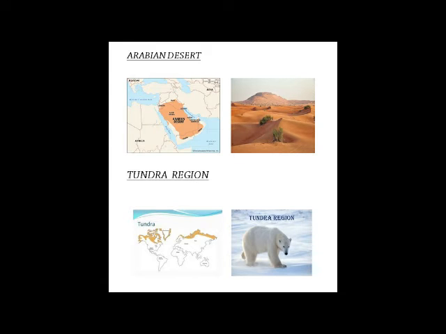Most of the underpopulated areas of the world are places with extreme cold or hot climate. Now here in the picture you can see the Arabian desert, then the tundra region. Now these places have extreme climates and hence the population is less.